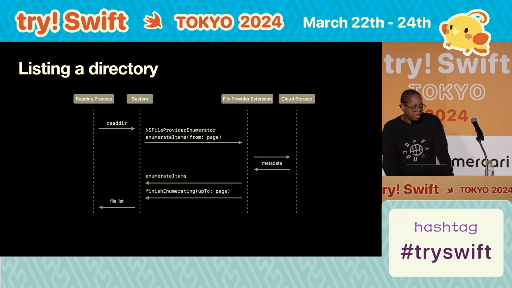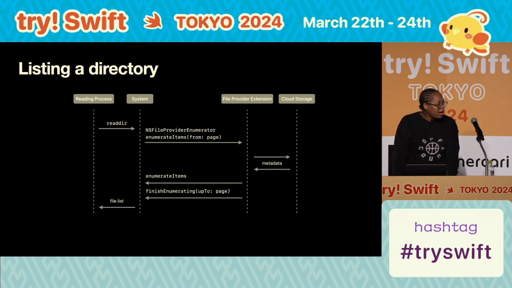The enumeration can be paginated. You can return fewer files than you're expecting. You can have a folder with 25,000 files. Or you can return the full set of items, but it will take longer. The system will pick up the enumeration from where it left off.